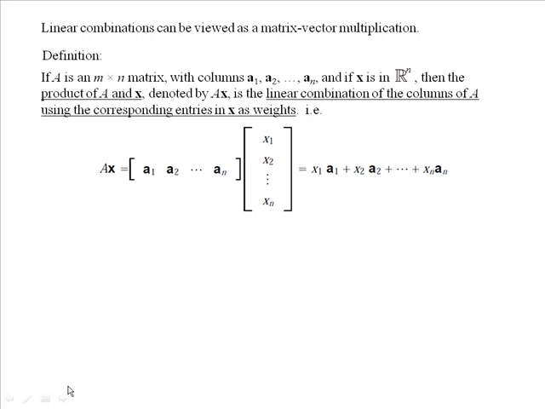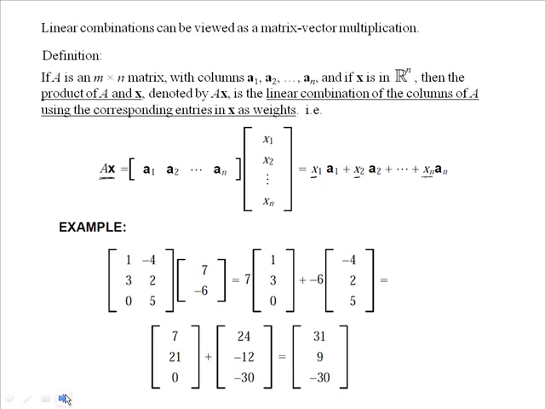So we see this laid out for us here. We have AX, and each column of A is a vector, and we're going to multiply that by the entries in X, and they're going to be weights in our linear combination.